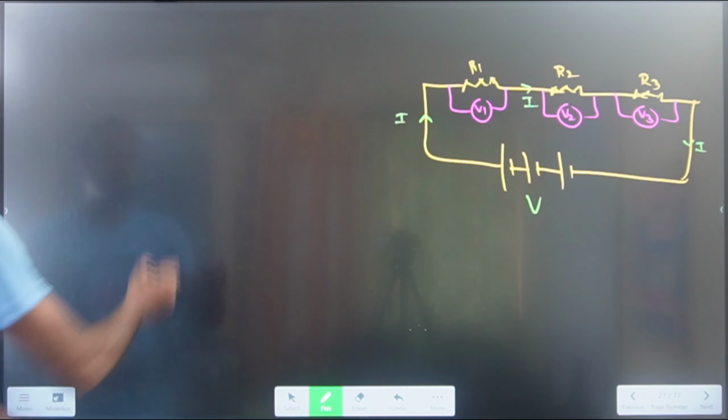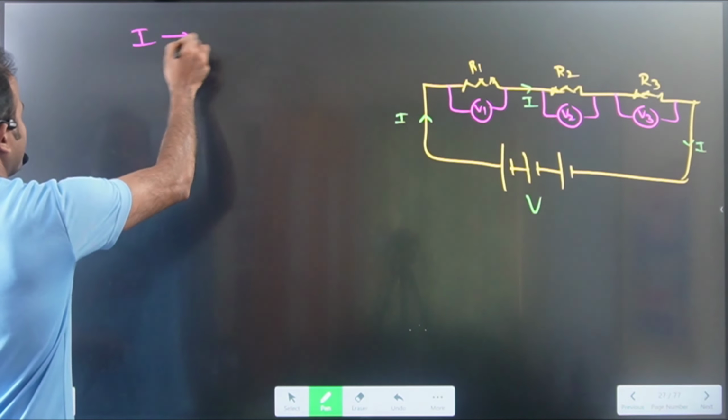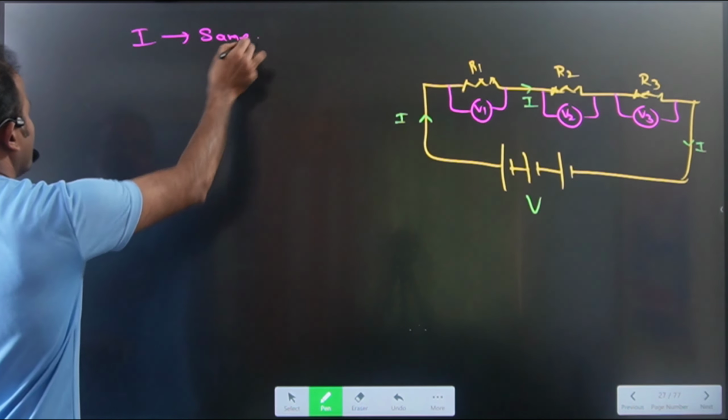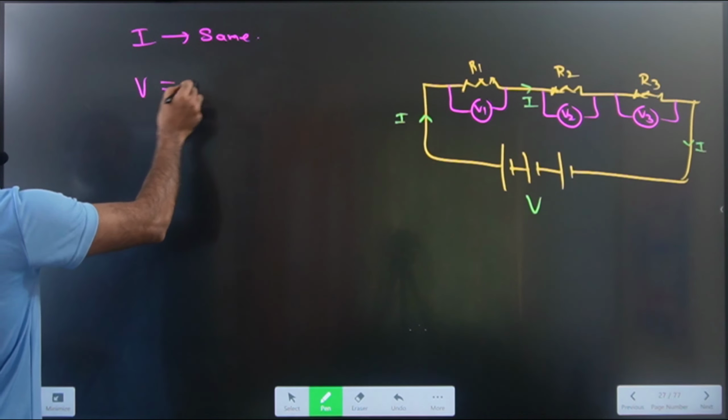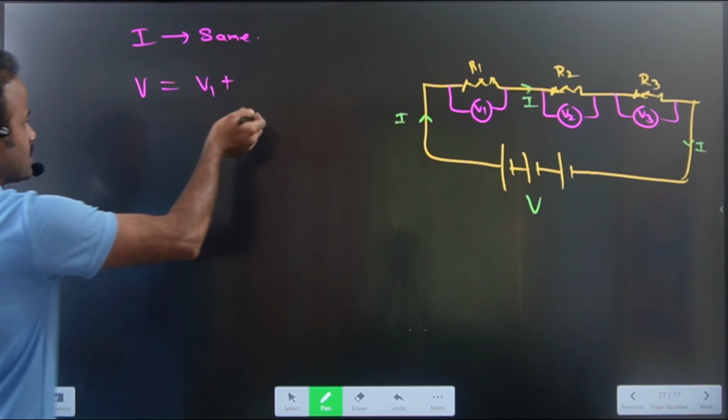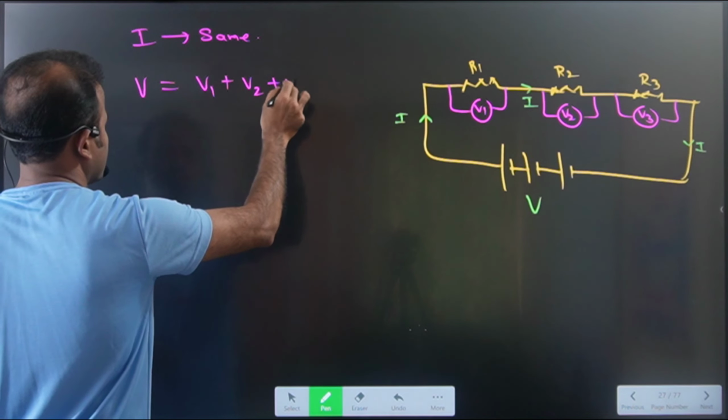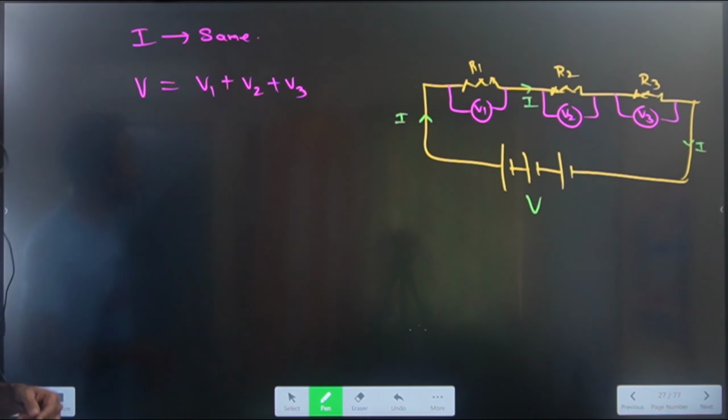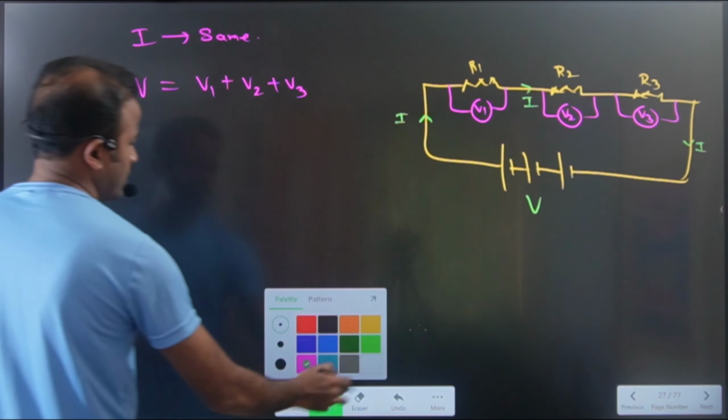Now already you know that in the series, the current value is the same. The voltage is the sum of the individual voltage drops, that is V = V1 + V2 + V3.